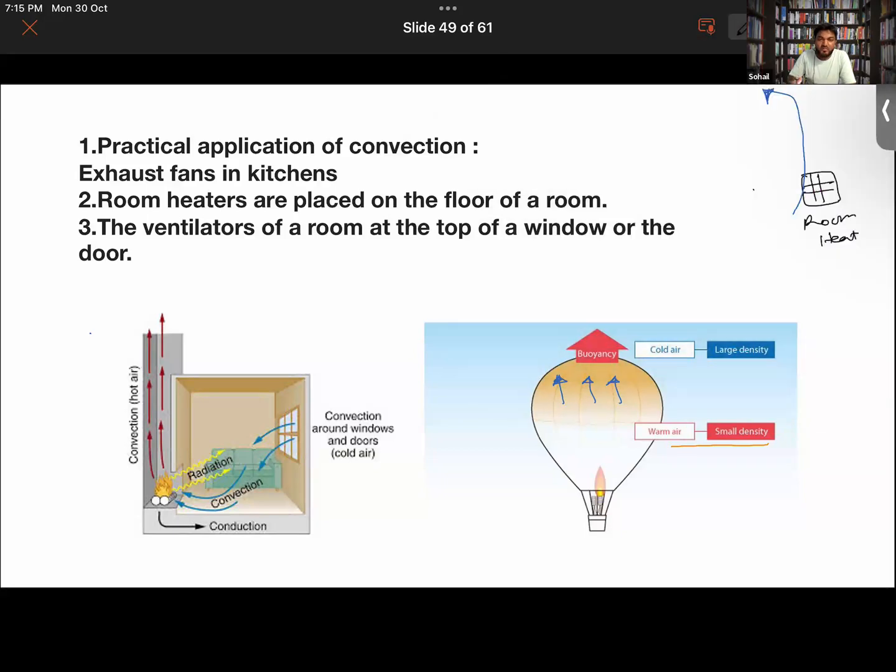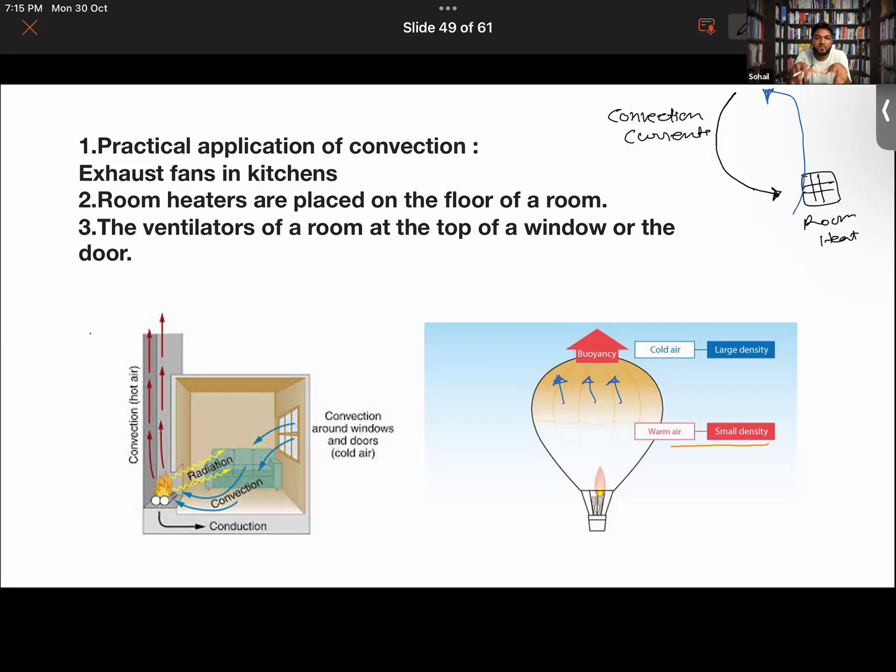And then the air molecules in the other corner of the room that are colder will rush in to take the space created by the rising air. So thereby convection currents are generated over here. Due to that, each and every corner of the room becomes warmer, right?